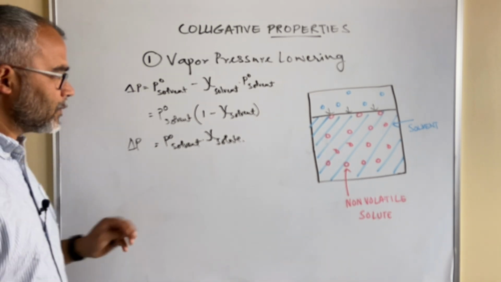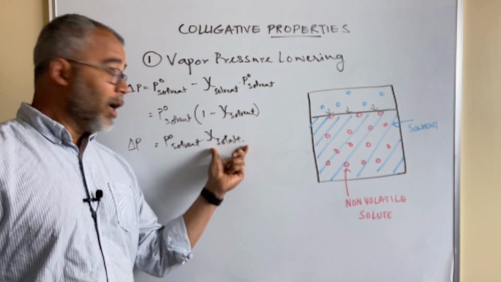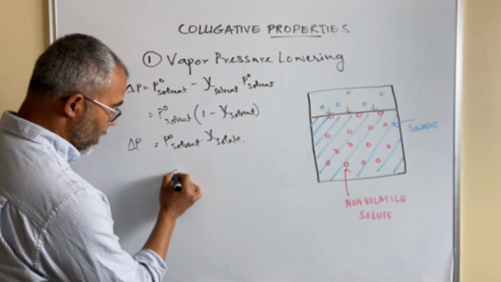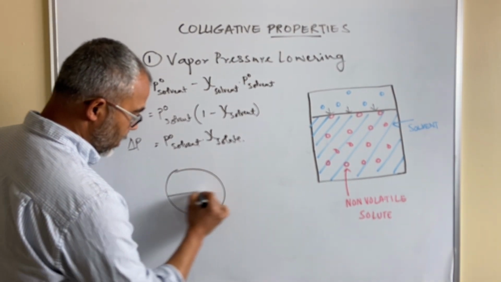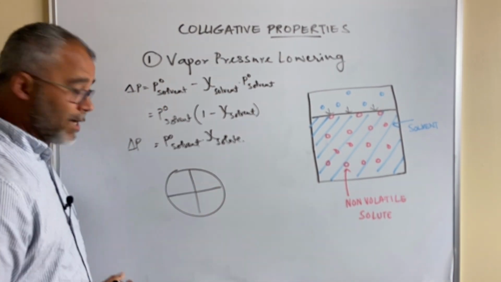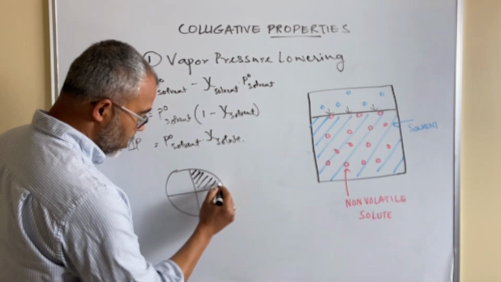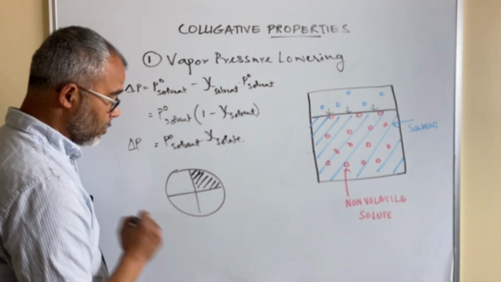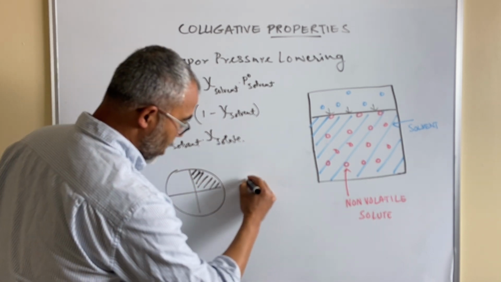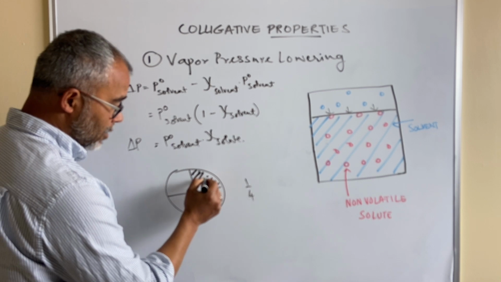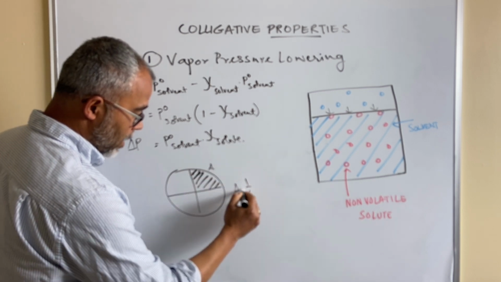Now, if you're unable to understand what the mole fraction of the solute means, let's imagine you had a pizza and you cut the pizza into 4 slices. So that's the whole. So the whole pizza is 1. But let's say you took just one of those quarters. So that would be 1/4. And let's say person A ate that, so A would be 1/4.